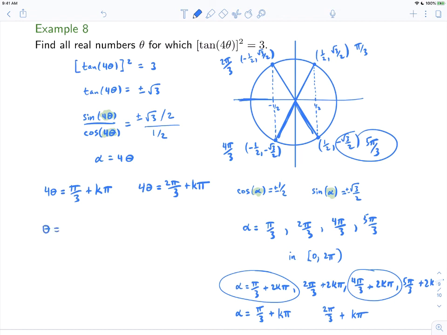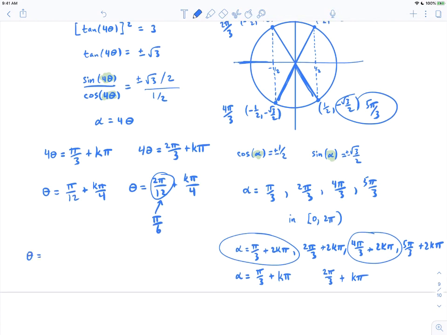So here we have theta equals pi over 12 plus k pi over 4. Or here, if you divide by 4, you'll have theta equals 2 pi over 12 plus k pi over 4. Now that simplifies. That's pi over 6. So your solutions end up being theta equals pi over 12 plus k pi over 4, and theta equals pi over 6 plus k pi over 4, where again k is any integer.